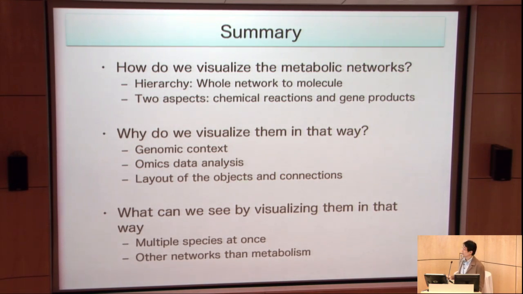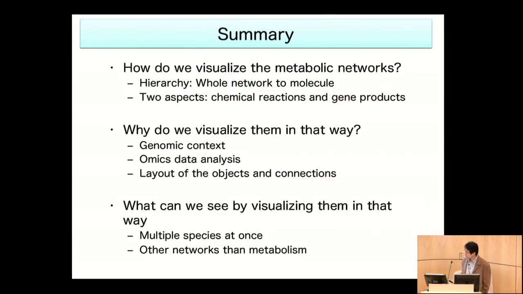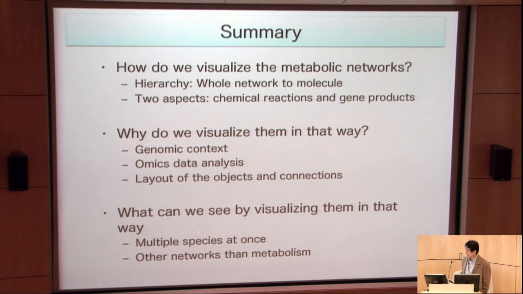So we basically use manual drawing for that pathway diagram. And what we can see by visualizing them in that way is multiple species at once, of course. And also, the KEGG database is still expanding.